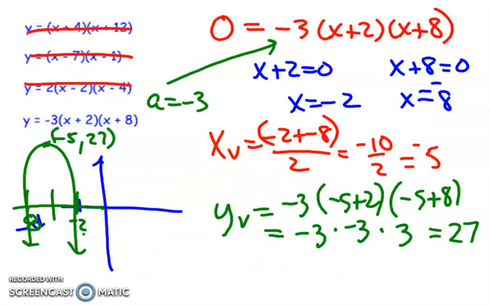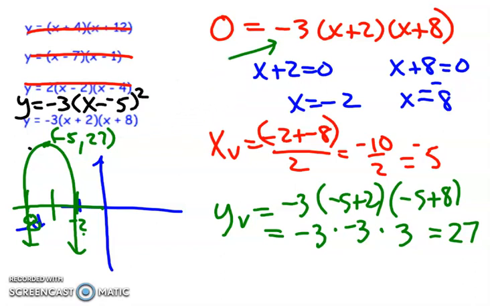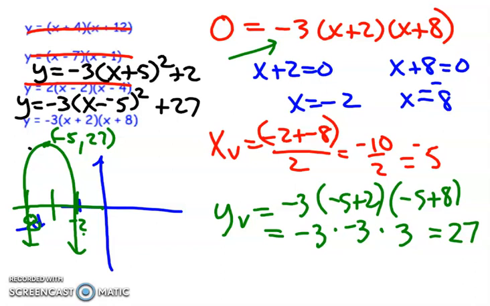And the last one, we have an a value of -3 times, and it's -5, so it's x minus -5 squared, and then plus 27. The k value is positive. We have a double negative in the parentheses, so that becomes y equals -3 times the quantity of x plus 5 squared plus 27.